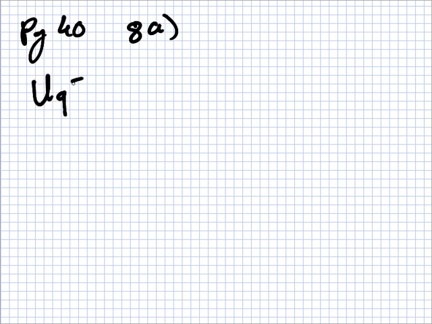Okay, so page 40, 8A. Did you have a good time trying to solve it? Do you feel like you made progress? No. Right. The ninth term is minus 6561, and the sum of the first two terms is 2.